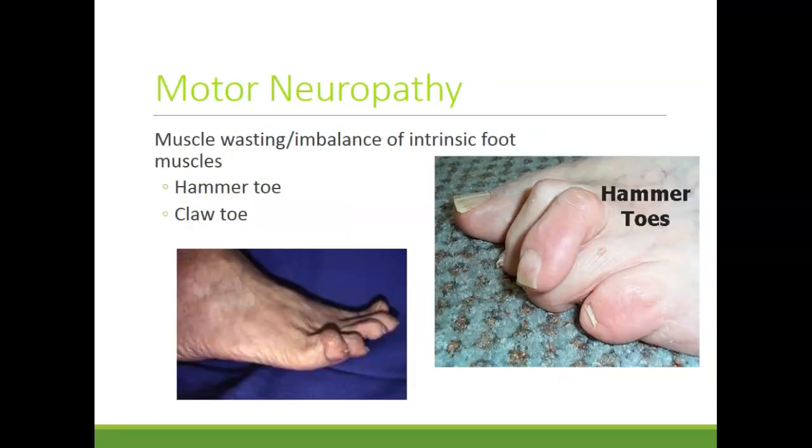Motor neuropathy: when you're doing your skin assessment, head-to-toe assessment with patients, you may see some muscle wasting and imbalance of the intrinsic foot muscles, which come across as hammer toe or claw toe in your patients. We talked a little bit in class that if you're seeing this, you need to address it, because this can unfortunately turn into a pressure ulcer, so you have to look at putting some sort of spacer in between the toes so you're not getting that pressure.